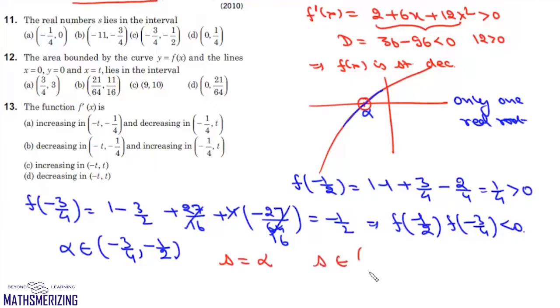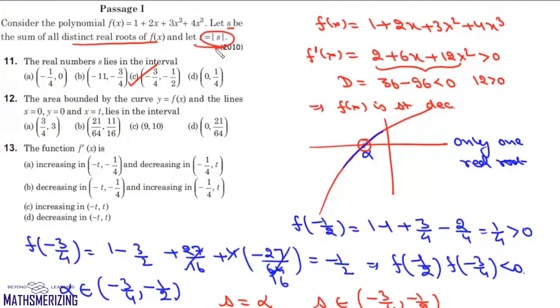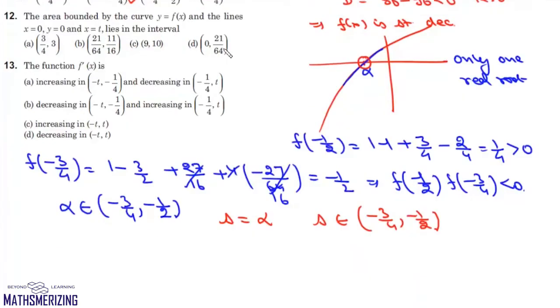So this S also belongs to -3/4 and -1/2, and that's your option C. Now it says T is mod S. So that means T belongs to 1/2 and 3/4. So T will lie in this interval between 1/2 and 3/4. Now we find the area bounded by this curve and x equals T.